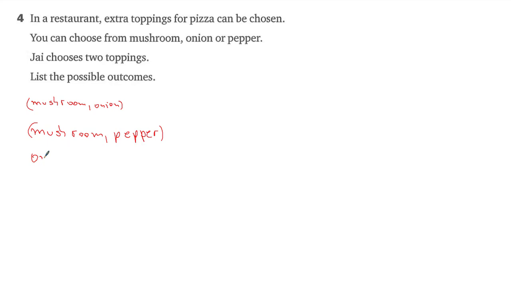Another one may be onion and pepper. And that's it. Why can't we find others? Because onion and mushroom is the same, and pepper and onion is the same as onion and pepper. So there are three possible outcomes that you can choose.